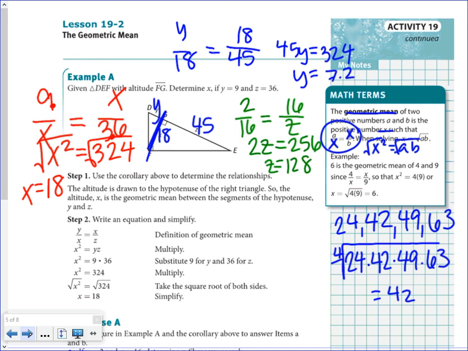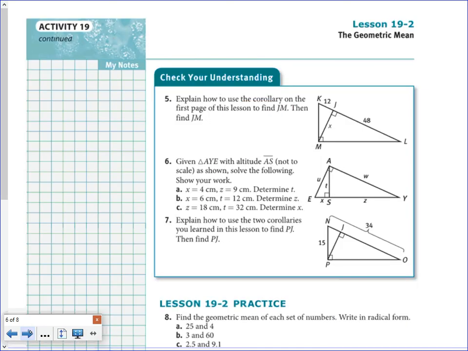So going to the next page. They want us to explain how to use the corollary on the first page of the lesson to find Jm, and then find Jm. So let's look. Jm is the altitude. So we're going to use the first corollary to find Jm, which is the length of the altitude. So let's do that.